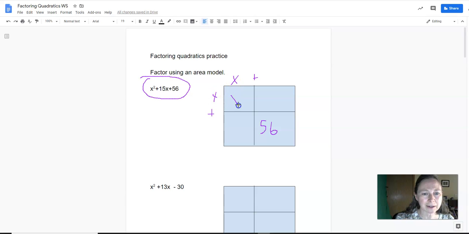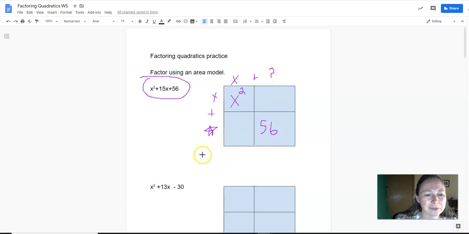So this one here, x times x is x squared. And then we don't know what this is. We'll call this question mark, and we'll call this one star. But if I add question mark and star, I get 15. And if I multiply question mark and star, I get 56.